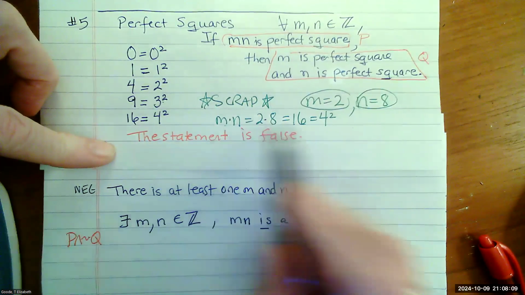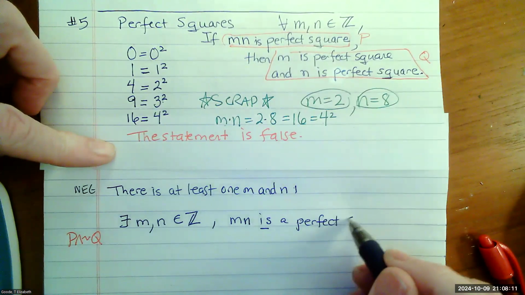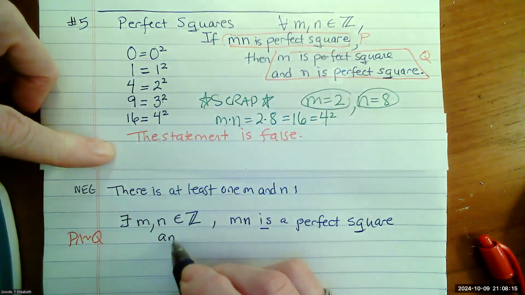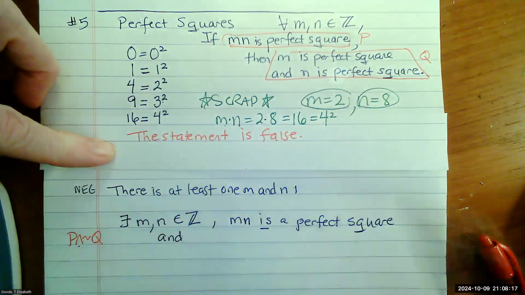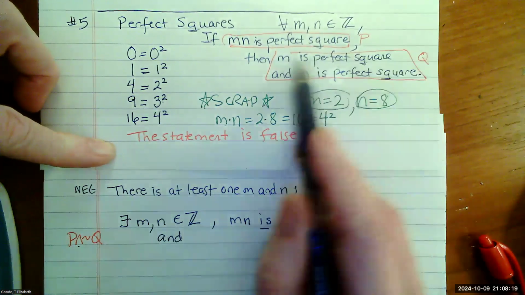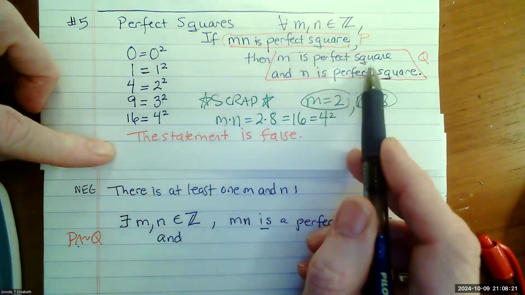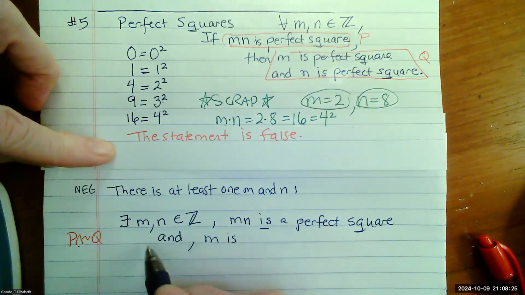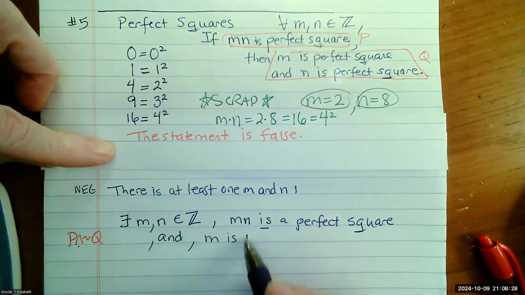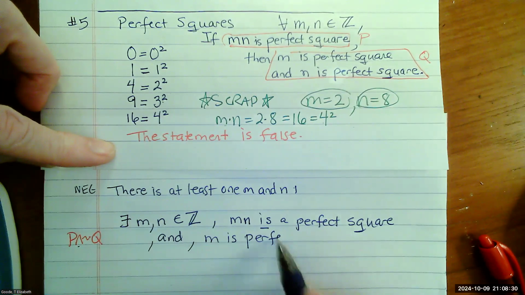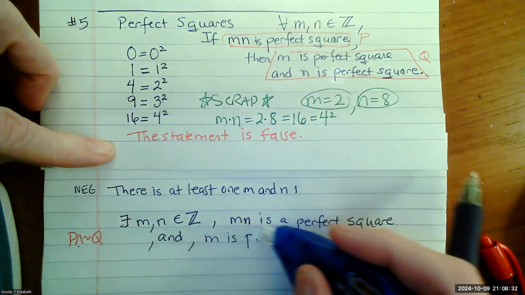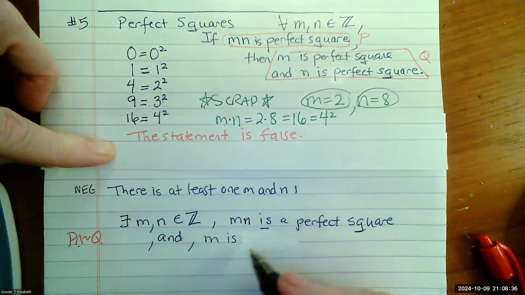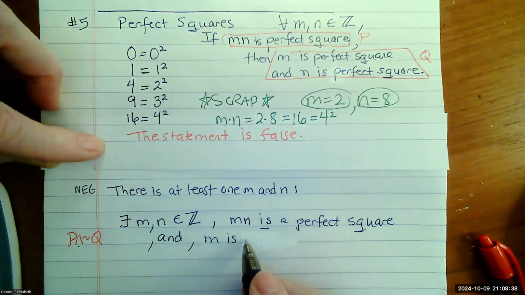You found an mn that is a perfect square. It turns out to be 16. And not Q. So how do we negate Q? m is not a perfect square, or n is not a perfect square. There you go. Nicely done. m is not a perfect square or n is not, or both, because we use the inclusive or.